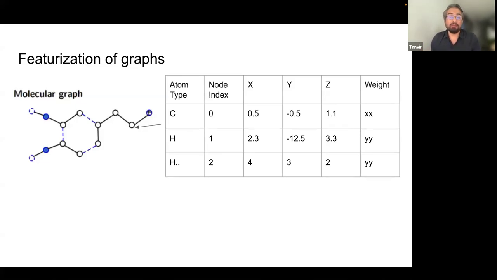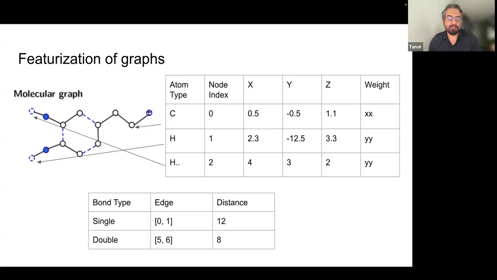After making a table of nodes and atoms, we can go forward to making a table of edges. For example, here we can make a list of edge types, bond types, which could be single, double. And an edge is basically a connection between two nodes or two atoms.